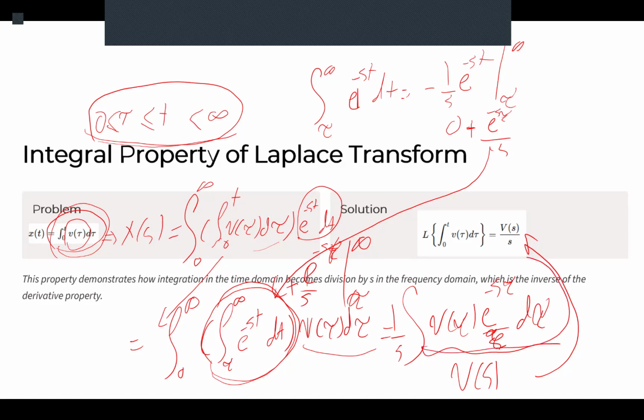Now, this is the definition of the Laplace of v tau. Are we good? So this becomes Vs. So what is the end result? Vs over s, which is what we expected from the table that we have. Is that clear now? I will try to be more clear in the next slides.